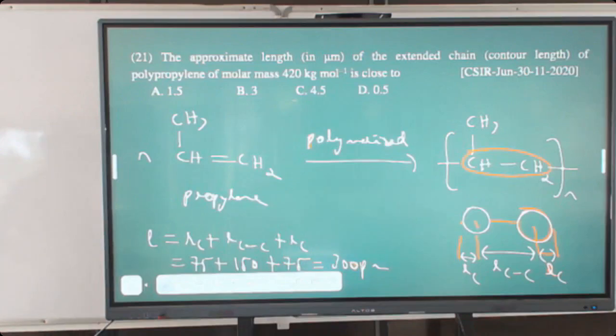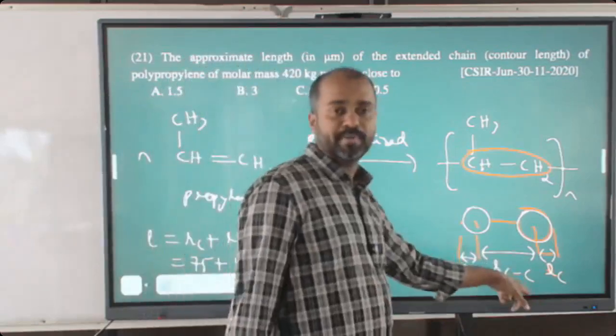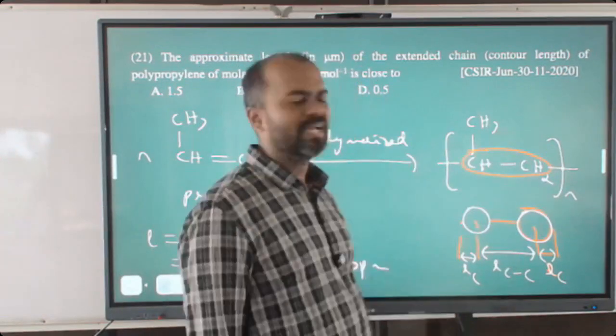Length of monomer unit is 300 picometer. Approximately, carbon-carbon bond length is 150 picometer, radius of carbon 75. Just add.